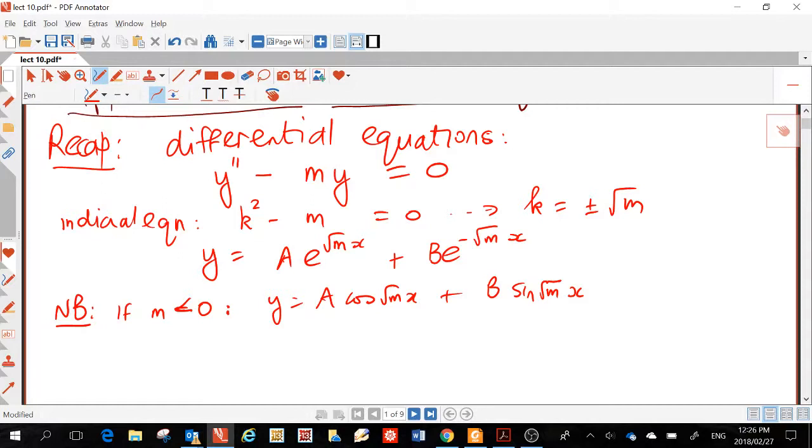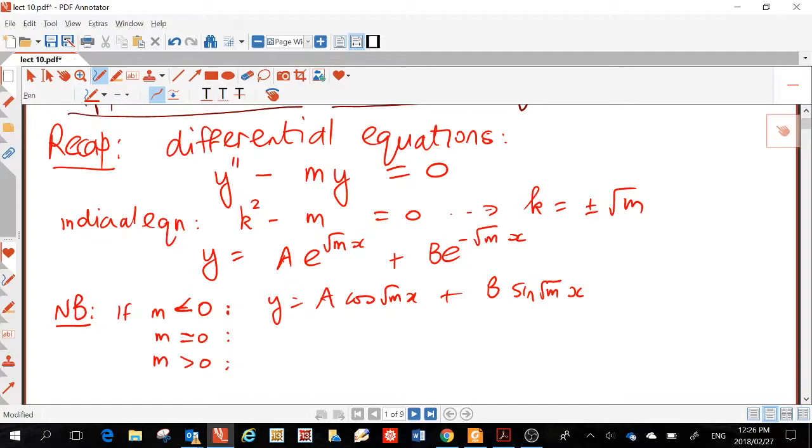In the case that m is 0, e to the 0 is just 1, so in fact it can just be x finally. I'm not worried so much about that. In fact, I'm not doing this in detail. I'm just giving you the flavor of this here.